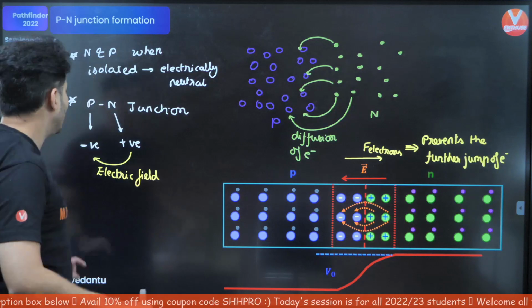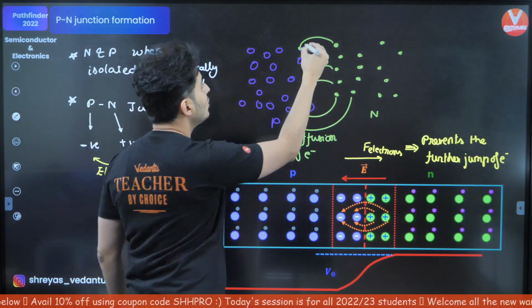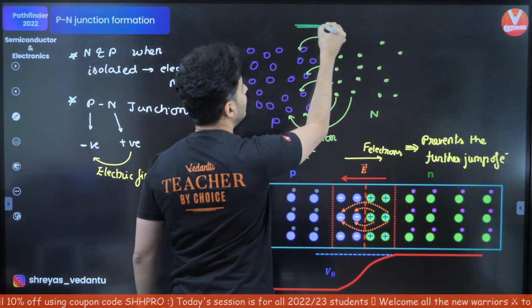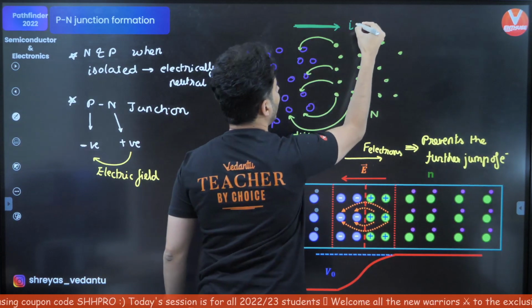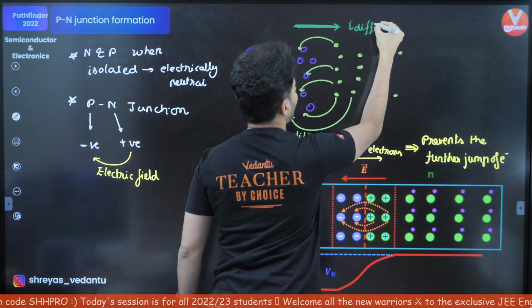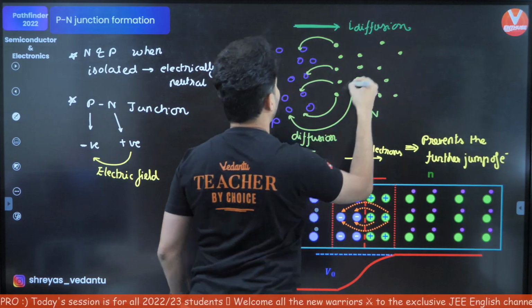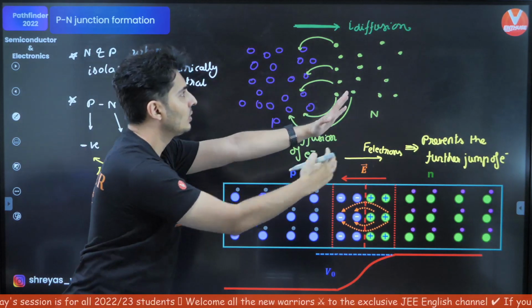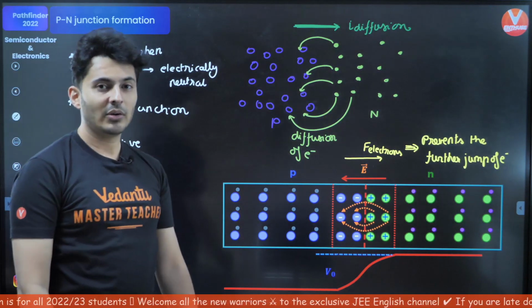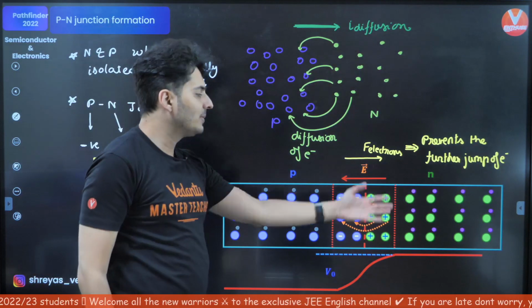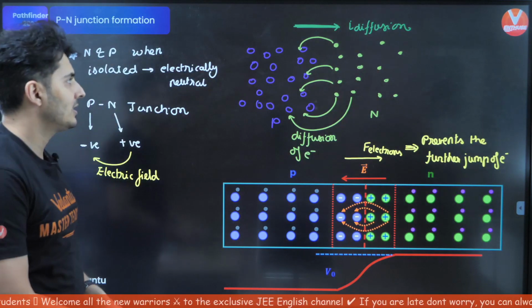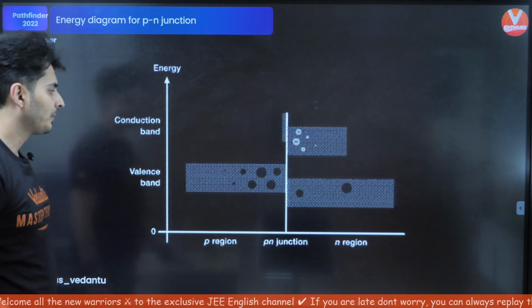Electron is negatively charged. Hence, the diffusion current will be this side. So I diffusion will be towards this side, from the P side to the N side. Got it? No battery has been connected, nothing has been connected, just the electrons have migrated.